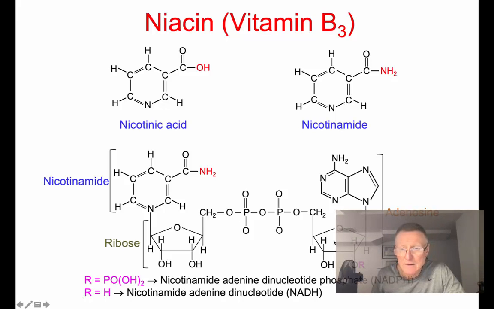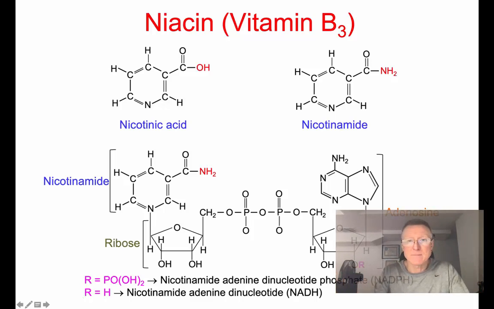One is the NADPH, if it has a phosphate replacing this R in this portion of the nucleotide, or NADH if you have hydrogen replacing this R, this radical here.